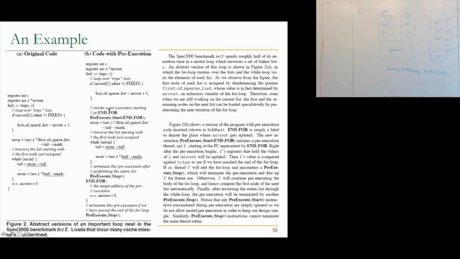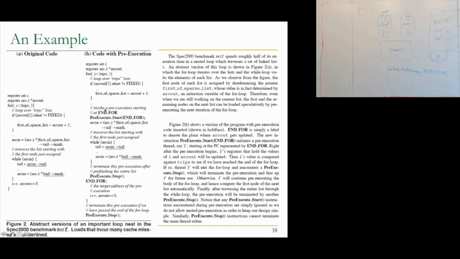So this is the main thread. When the main thread is executing, when it gets to this point, there's a pre-execute start that starts from the next iteration, right? It sets up the next iteration and starts it in some other context. The main thread keeps executing this iteration, and the pre-execution thread keeps executing the next iteration, right? It also gets the pre-execute start.